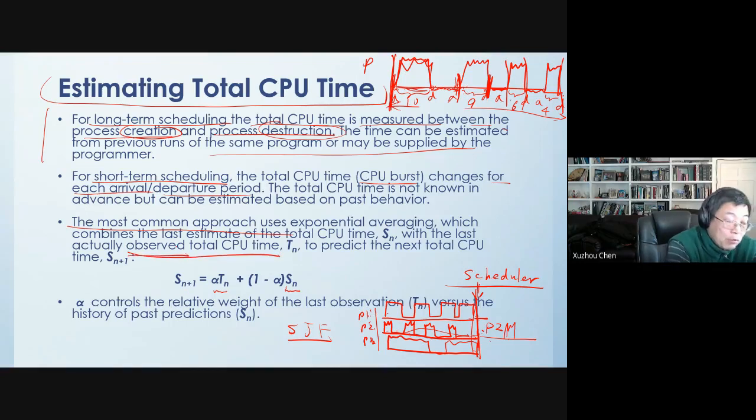Now, the observed total CPU is basically the actual CPU that we actually used. So to predict the next CPU burst, we use the previous predicted CPU burst and the previous actual CPU burst.